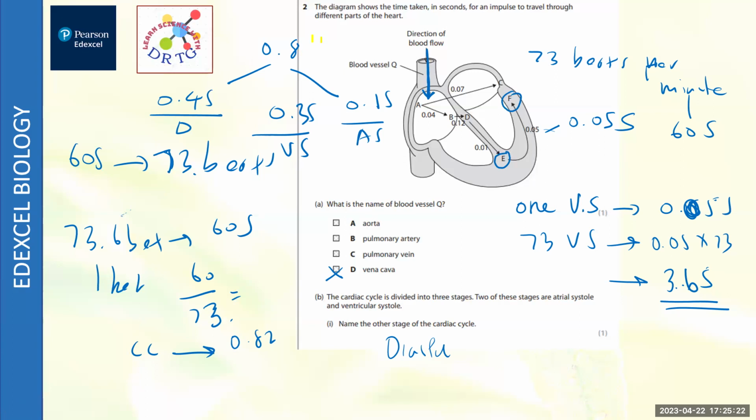So these are the standard figures. One cardiac cycle in an average heart, like a resting heart, is 0.8 second. Diastole this much, ventricular systole this much, and atrial systole this much. So here, according to this question, it is 0.05.